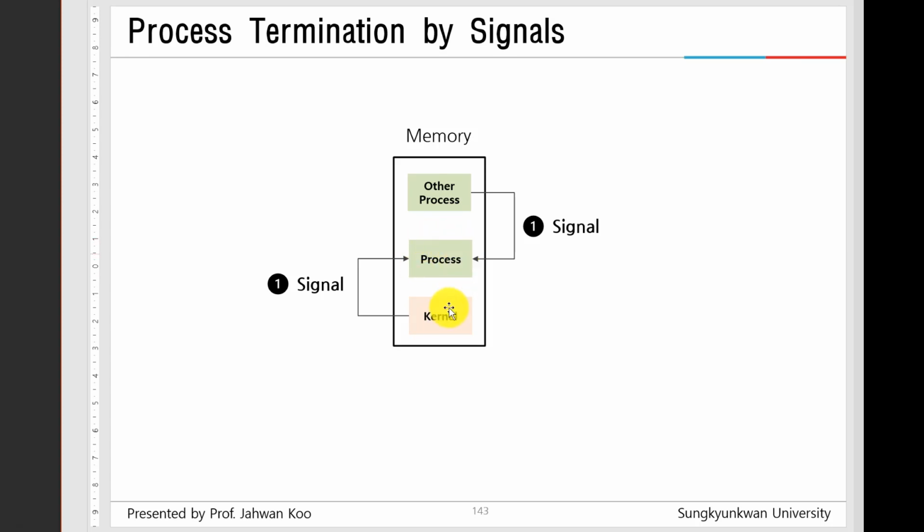The kernel may send a signal to a process, or another process with suitable permissions may send a signal to a process, or the process itself may send a signal. Signals are called software interrupts. The arrival of a signal informs a process that some event or exceptional condition has occurred.